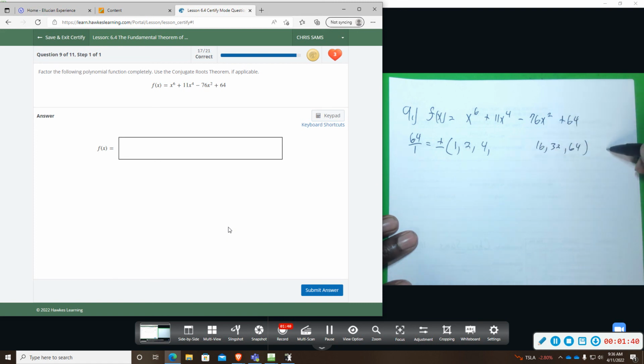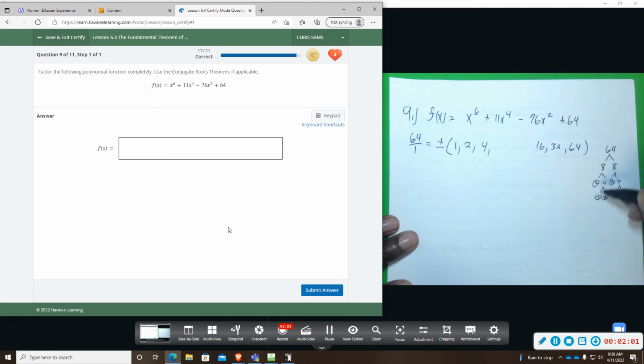64 as prime factors. So the best way for me to list all the factors would be 64. Let's just say 8 times 8, 2 and 4, 2 and 4. So that's prime, and then we got 2, 2, 2, 2.